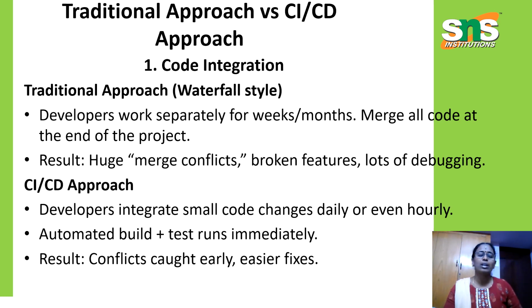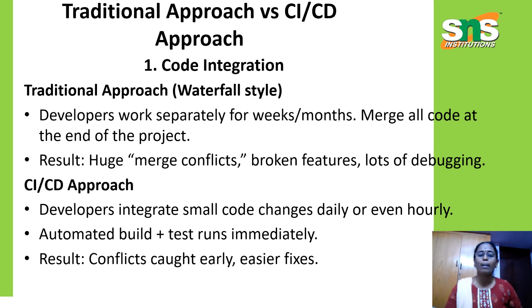In the CI/CD approach, developers integrate small code changes daily or even hourly. The automated build and test run immediately because the source code is already available in the repository. So whenever the tester is able to test, they can test it. If the result shows any conflicts at an earlier stage, they fix and rectify the errors then and there.